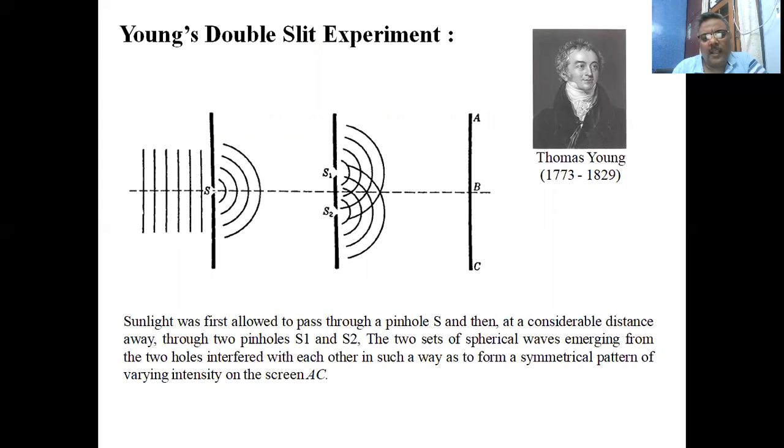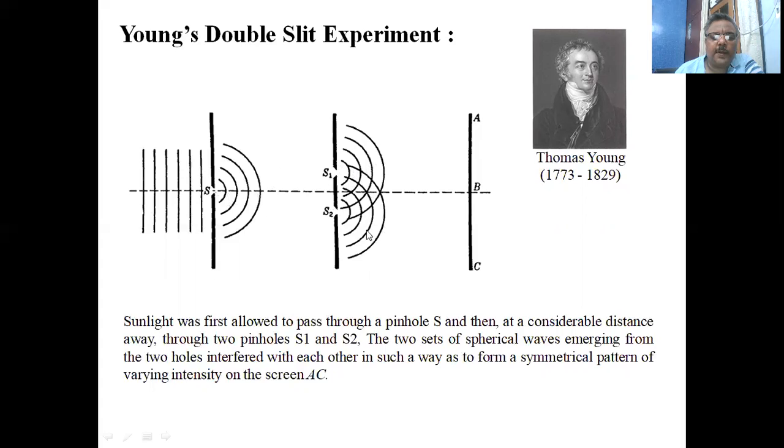And the first experiment that was performed for interference was by Thomas Young. What he did was put a pinhole in a sheet, and sunlight was allowed to pass through it. The spherical waves were emitted from this. He put another sheet and created two pinholes here. By this, he meant to generate two coherent sources from a single coherent source.